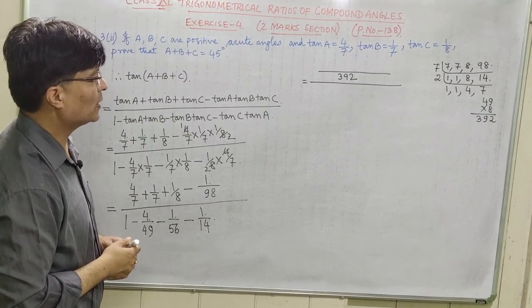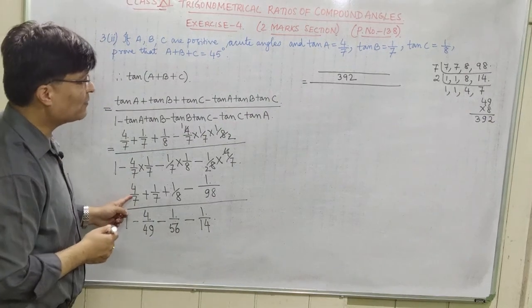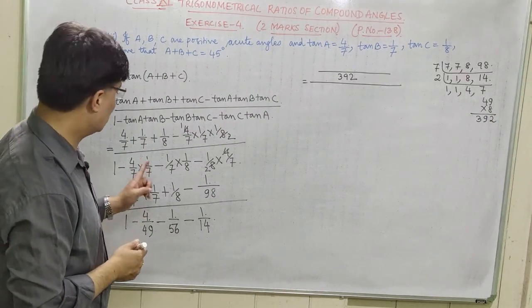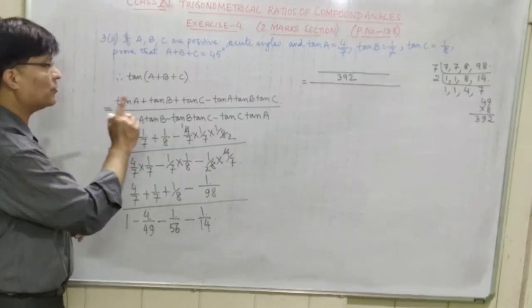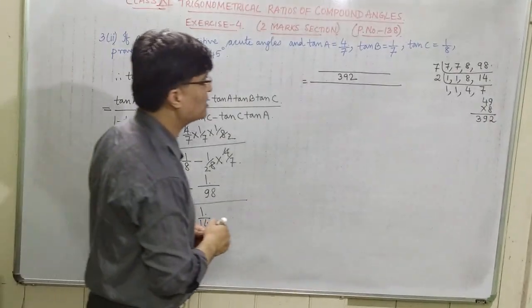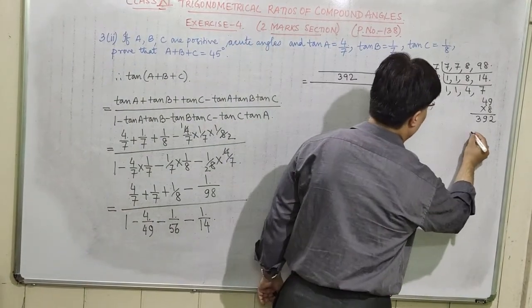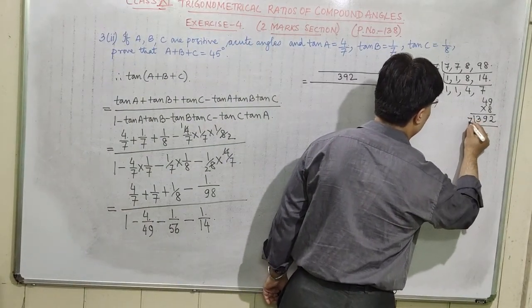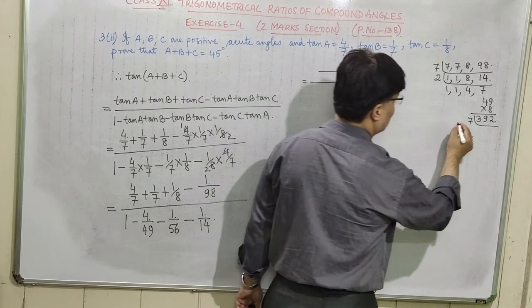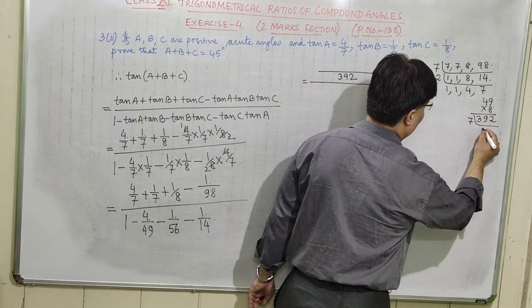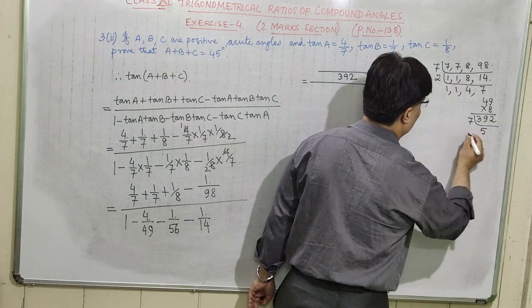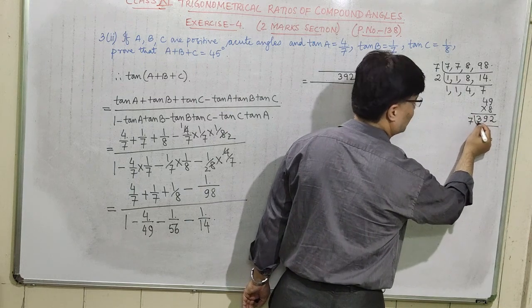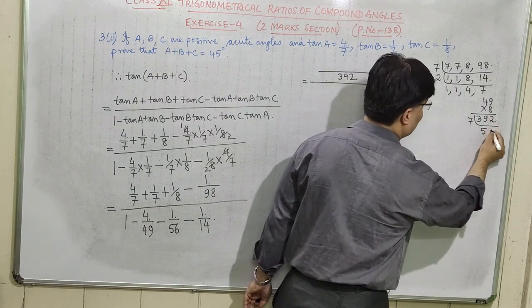Now this is 7. Now 392 is divided by 7. So if you divide 392 by 7, how much is it? 7 5s are 35, 39 minus 35 is 4, 42, 7 6s are 42.